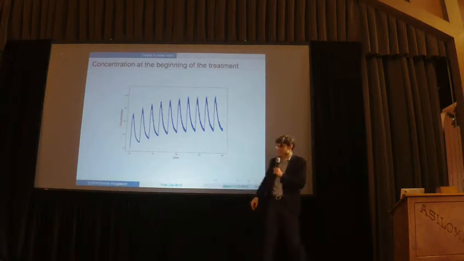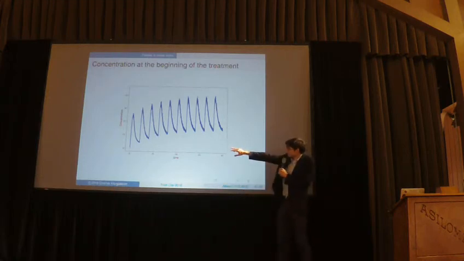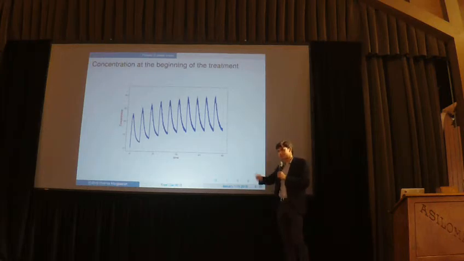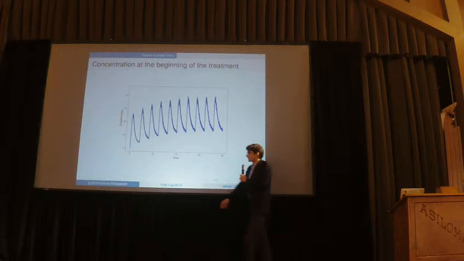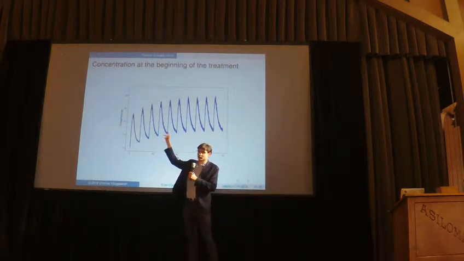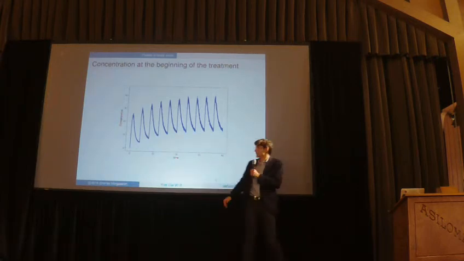And what you may notice is that between cycles, there's an increase in the drug concentration as the patient takes more and more of those drug doses. So especially if I look at the drug concentration at the beginning of each cycle, it increases on average. However, as time goes on, it plateaus.